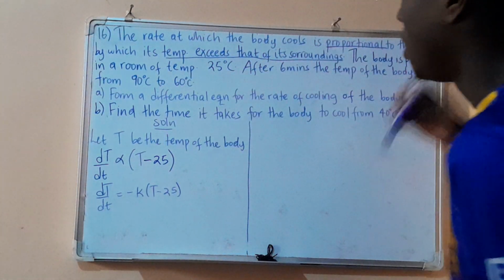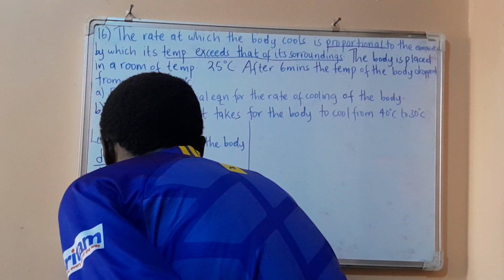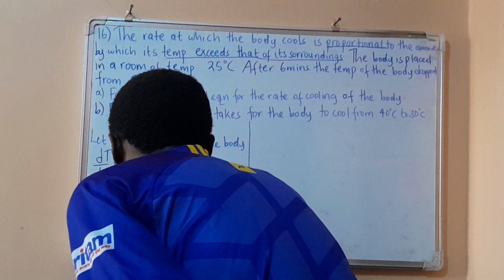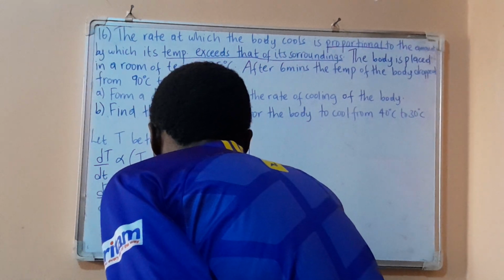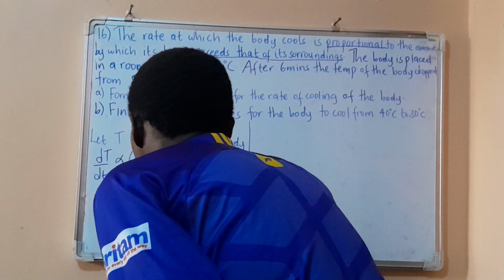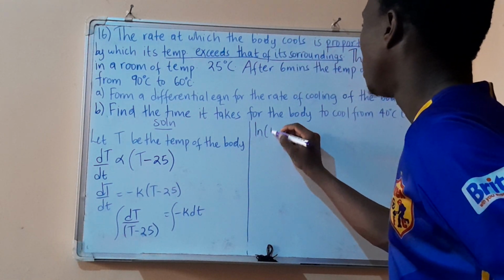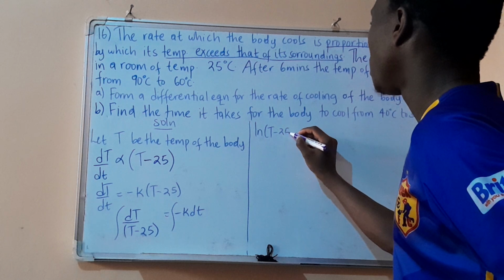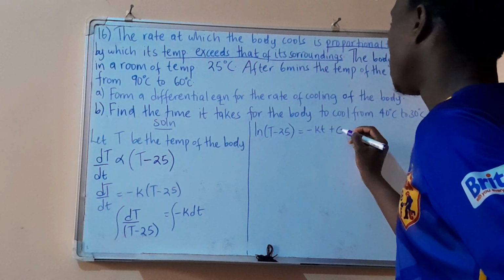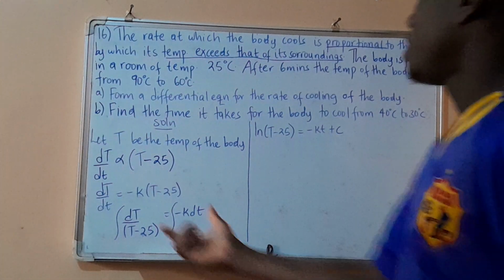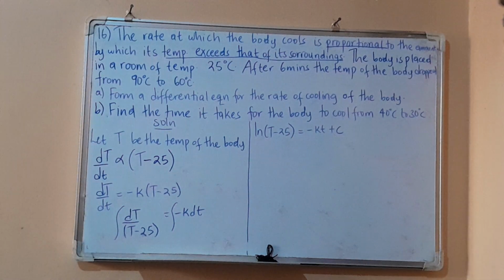We shall have dT over T minus 25 equals negative k dt. Integrate, and we shall get natural logarithm of T minus 25 equal to negative kt plus c. So this was our differential equation, and we have solved it.